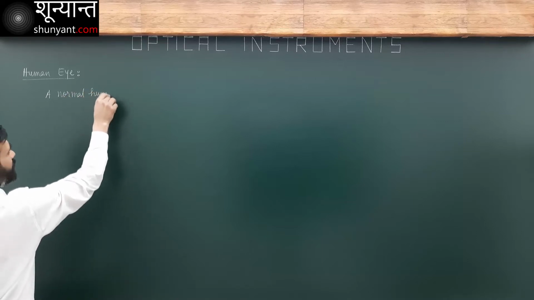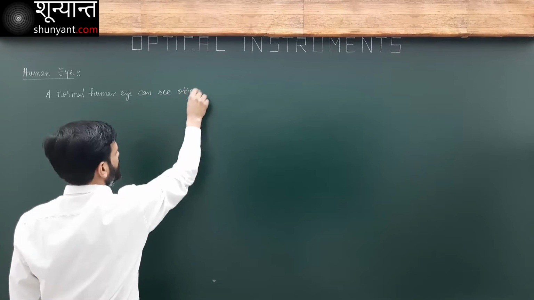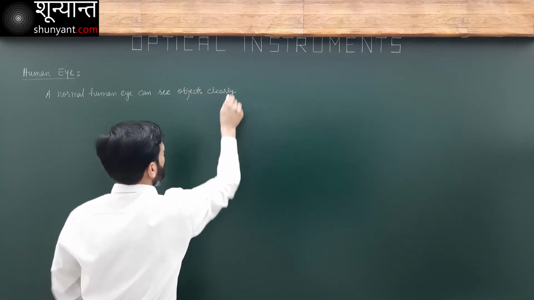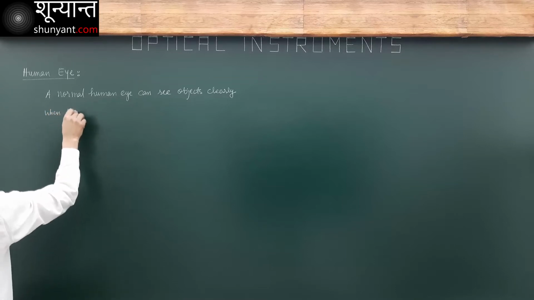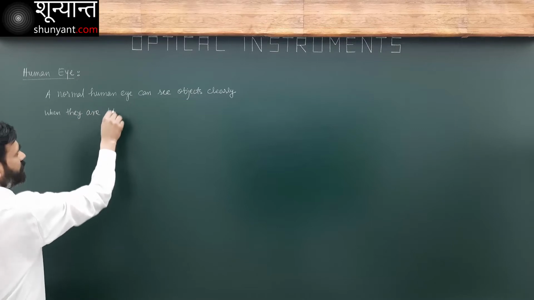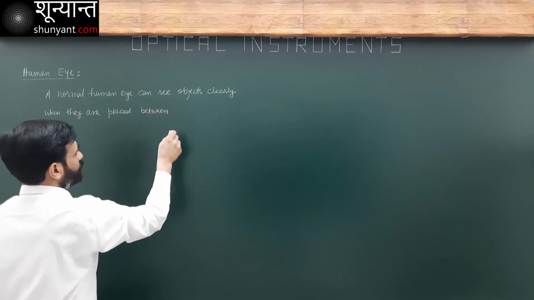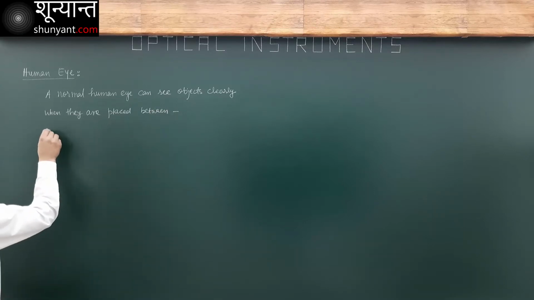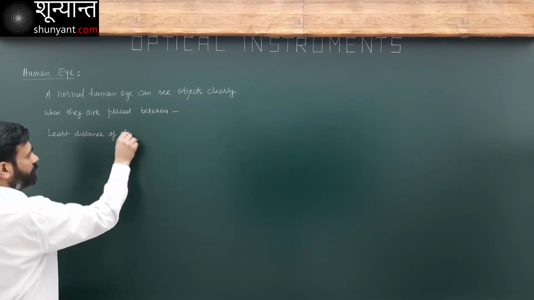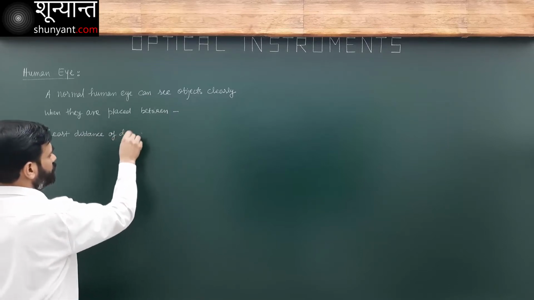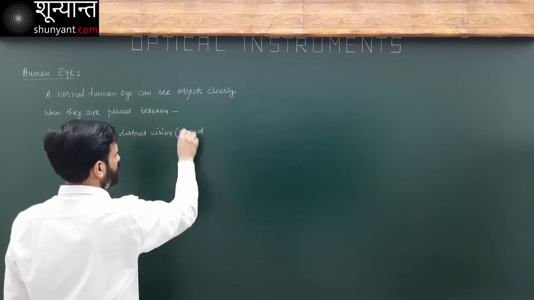A normal human eye can see objects clearly when they are placed between the least distance of clear or distinct vision, which is D, and infinity.